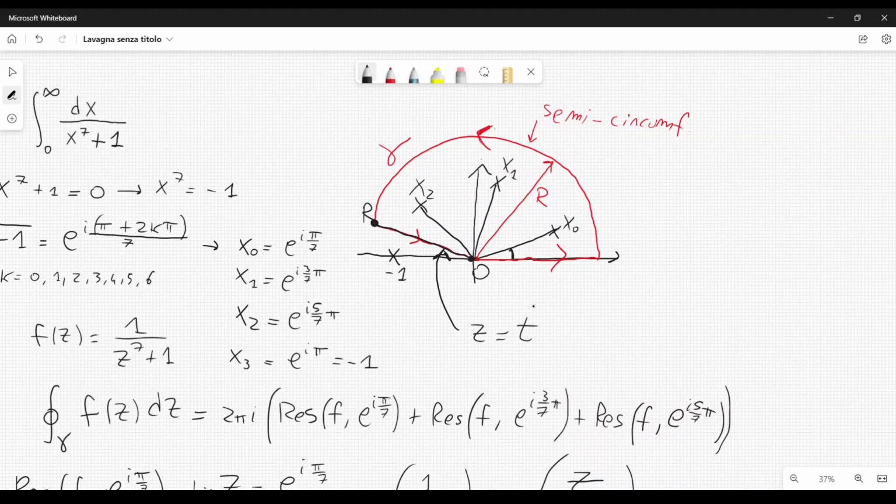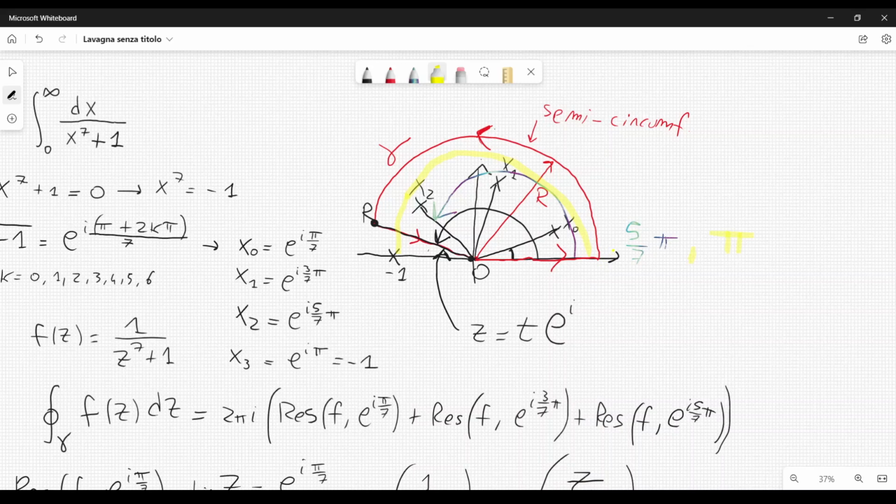But we also have to multiply by the phase of this complex number, which takes into account this angle that we have to measure from the x-axis. So we have e to the i, and I can choose an angle between this angle here, that's the phase of the root x2, and that angle is just 5/7 pi, and this other angle here for the root x3, which is just pi.